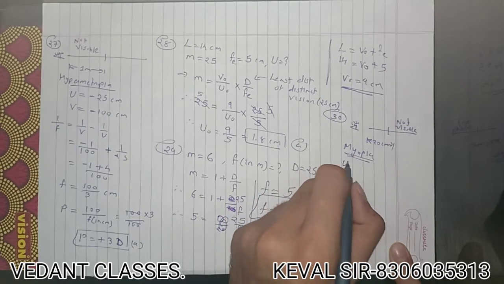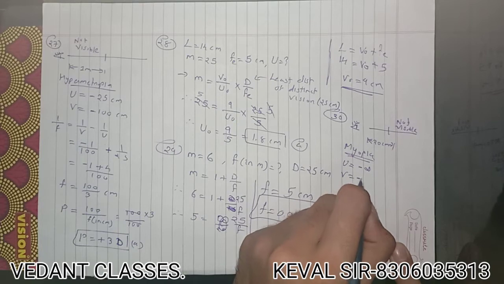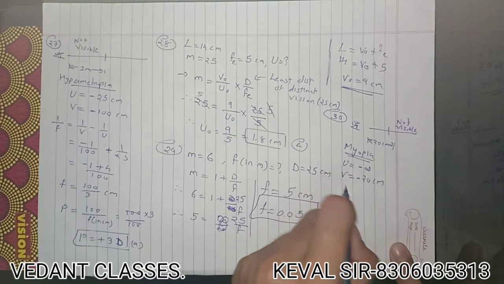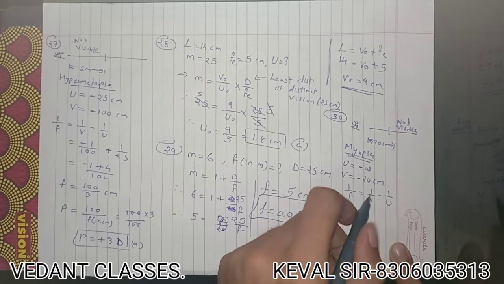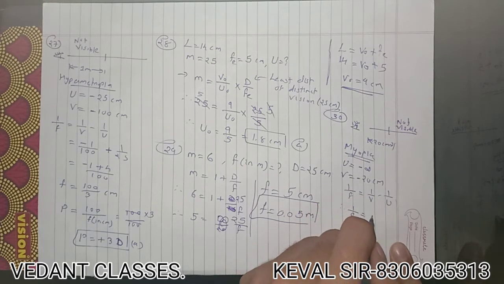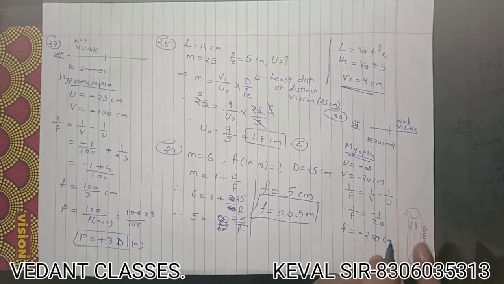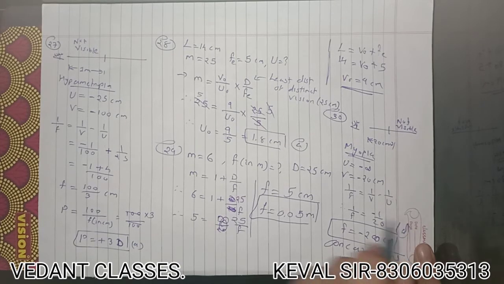In such a case you need to consider u equal to minus infinity and v equal to 20 centimeter. Apply the lens formula, 1 by f equal to 1 by v minus 1 by u. This term will become 0. So 1 by f equal to minus 1 by 20. So the focal length will be minus 20 centimeter. As the focal length is negative, this lens is a concave lens. So option D is the correct answer.